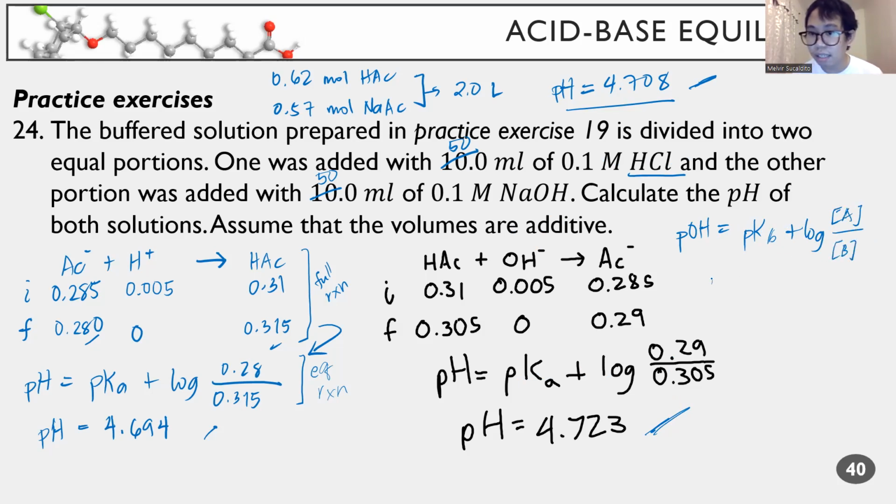If you use this, ano yung magiging pOH value? I still have to calculate for Kb. So 1 times 10 to the -14 equals 1.8 times 10 to the -5 times x.